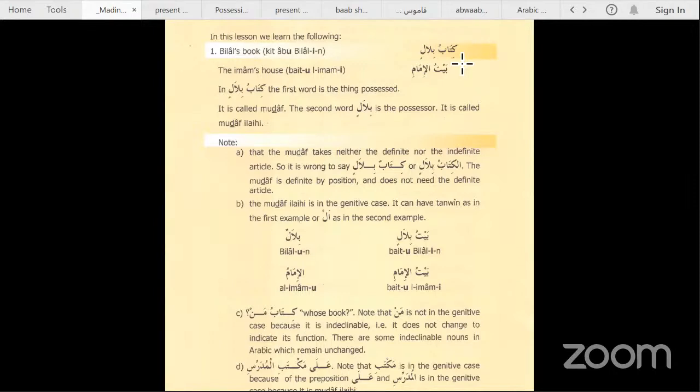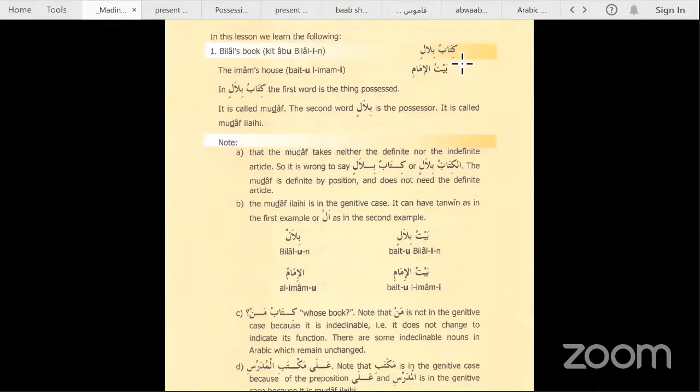It's a harf jar, so if the harf jar comes in front of the noun, the noun becomes majroor. No. We're saying here, give me one second. Let me send it in the group chat so that you can see the text clearly, because I know some people may be struggling with Arabic.